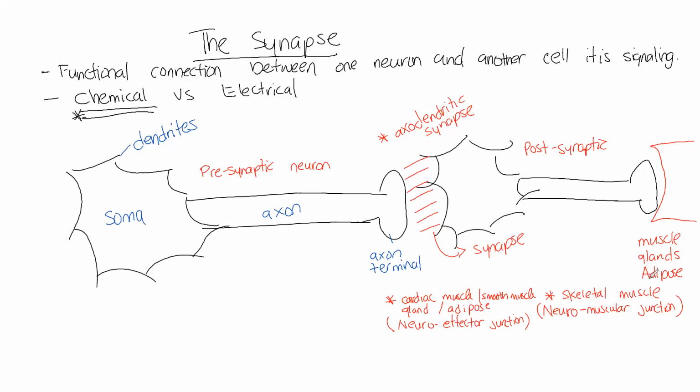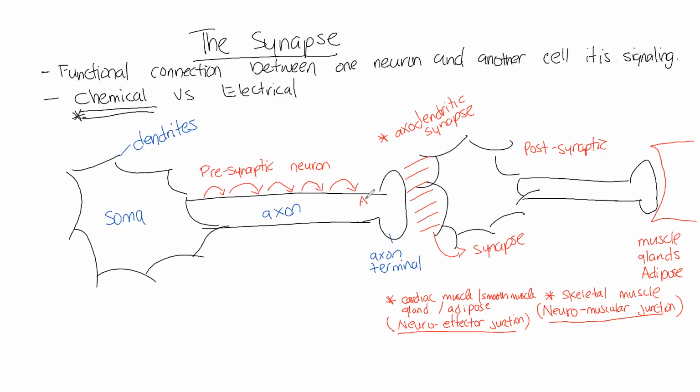If it's a muscle, gland, or adipose, the junction is named differently. If it's skeletal muscle, it's called the neuromuscular junction. If it's any of the others, it's called the neuroeffector junction. Okay, and so this is essentially what a synapse is, that area of functional connection. And so what we see here is that the electrical energy that was traveling down the axon. So remember, we had this conduction of action potentials leaping from node to node if this were myelinated, or just moving from segment to segment if it were not.